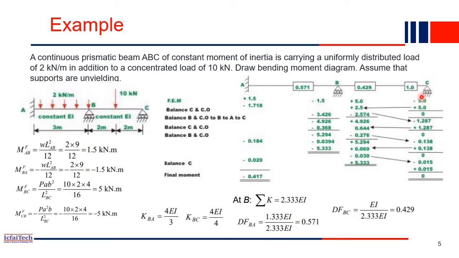Unbalanced moment at this support was -5. Whereas in the next iteration, what was the unbalanced moment? -1.2787. So see, in every iteration, this unbalanced moment in all the supports are decreasing. Here it was -5. In the second iteration it is now -1.2. If you go third iteration, now it is -0.15.